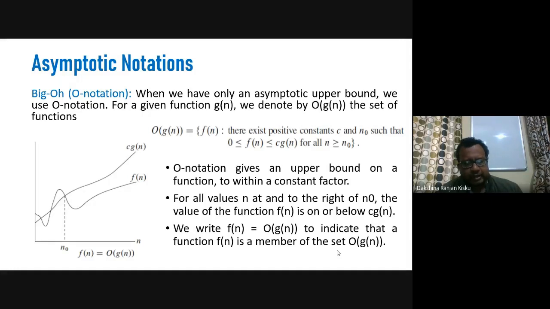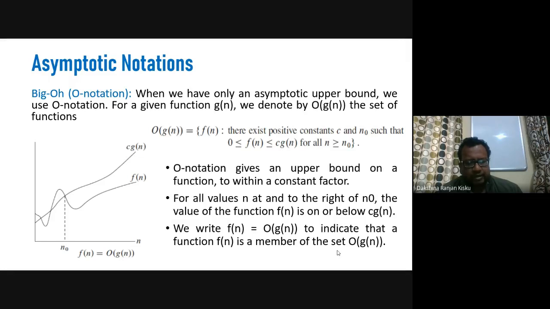That means if we keep on increasing the input, we can determine another function c·g(n) after some point n0, and this c·g(n) is found to be greater than f(n), where f(n) is also determined from an algorithm. Here c·g(n) is one function and f(n) is another function.